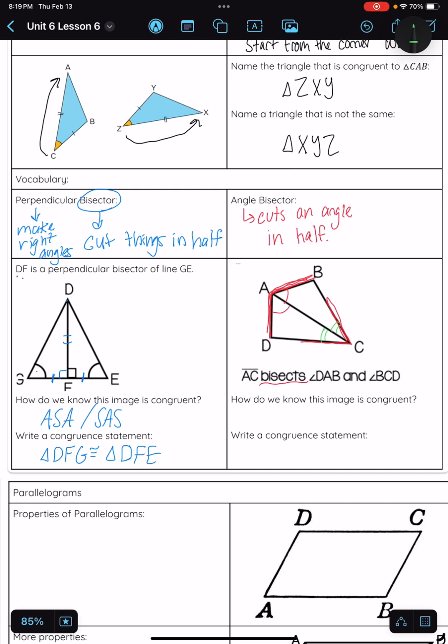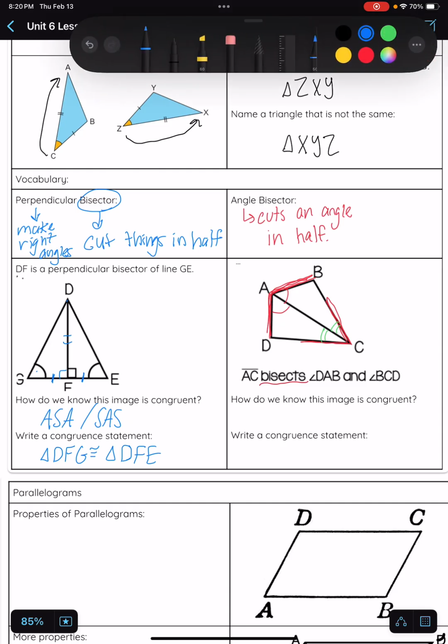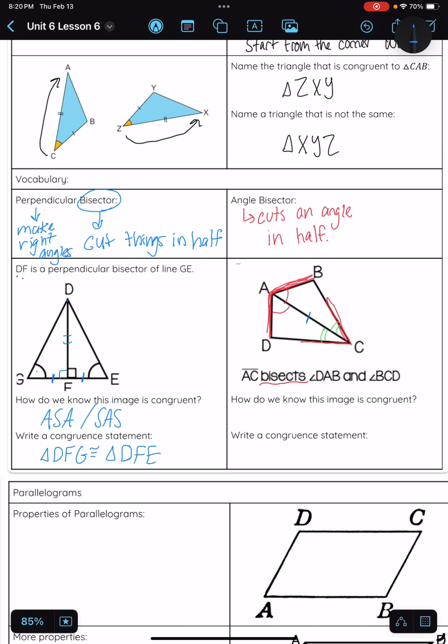Now we know about two angles. What else do we know is congruent just from the picture, from the information we have? I hope you were thinking to yourself, they both share AC, so AC is also congruent.